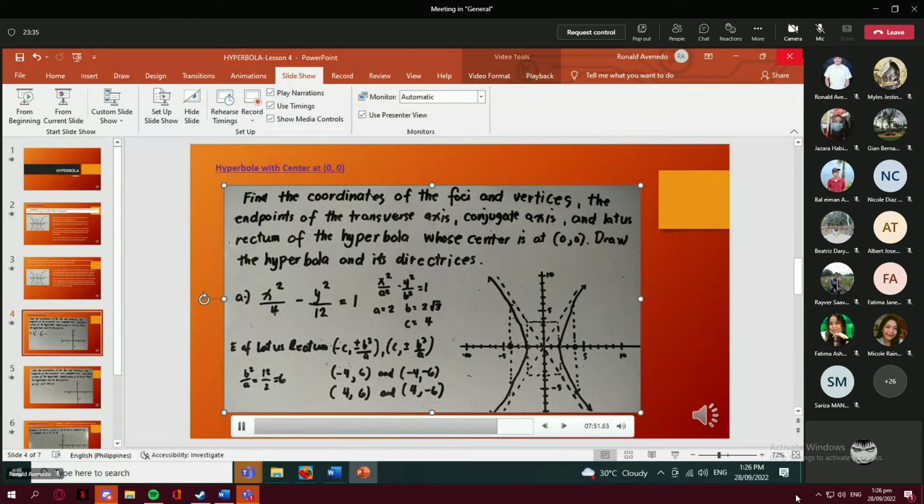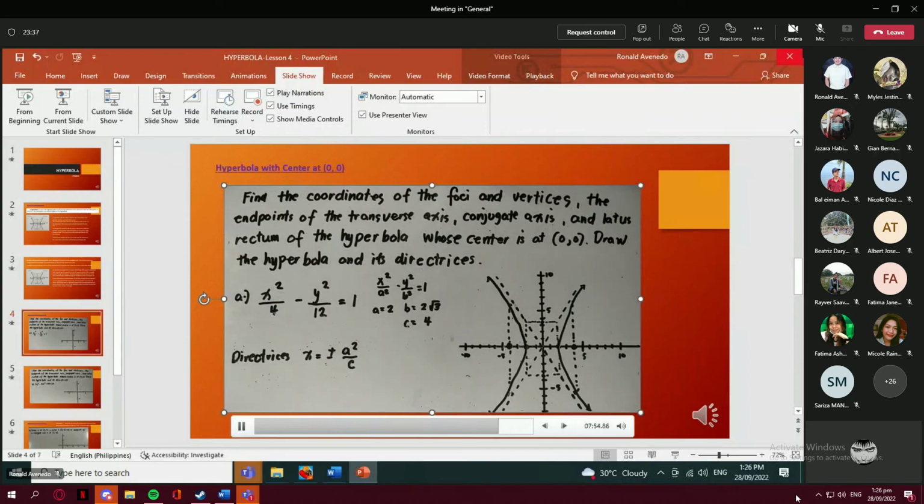Then for the directrices, the guide is x is equal to positive negative a squared over c, and a squared over c is 4 over c, and c is 4, which is 1. So therefore, the equations of the directrices are x is equal to positive 1 and x is equal to negative 1.